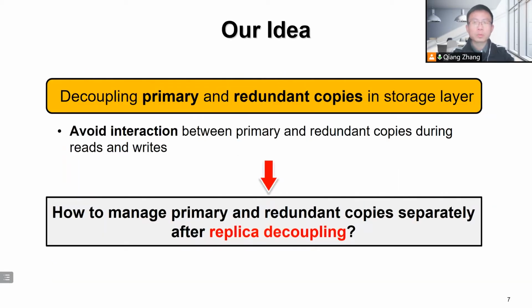In order to address the issue of uniform indexing in distributed key-value stores, our main idea is to decouple primary and redundant copies in the storage layer, so as to avoid the interaction between primary and redundant copies during reads and writes. However, another key issue is how to manage primary and redundant copies separately after decoupling.